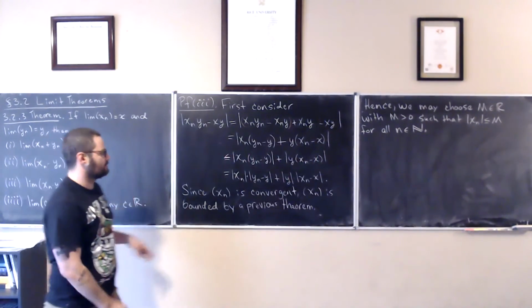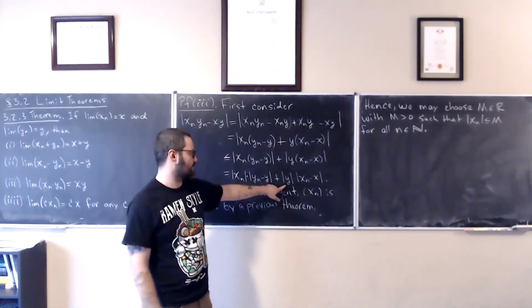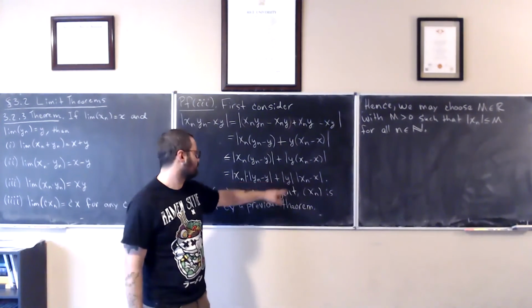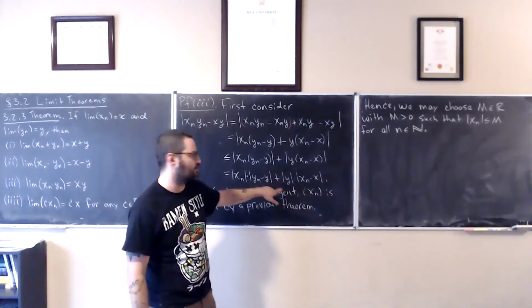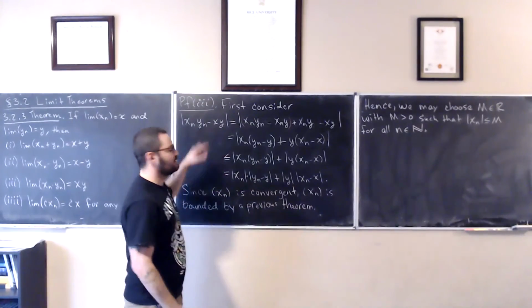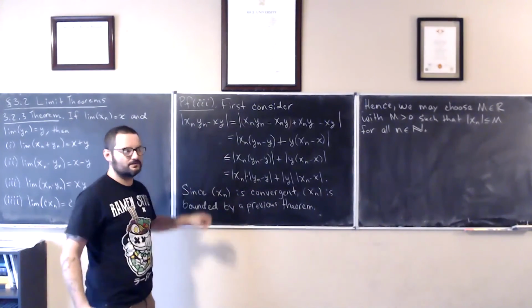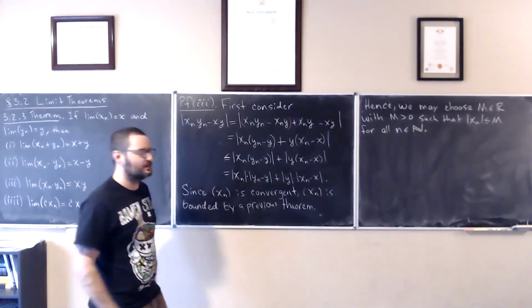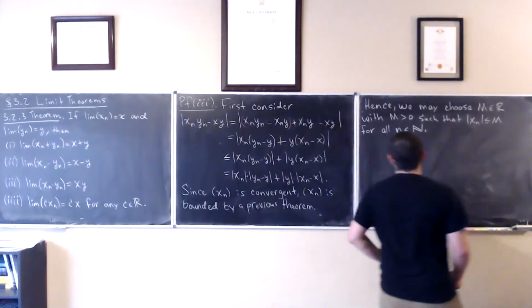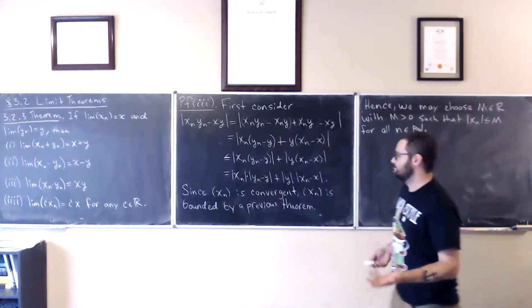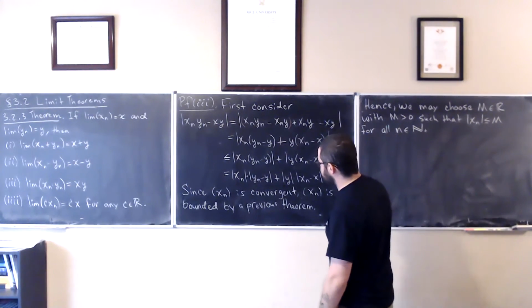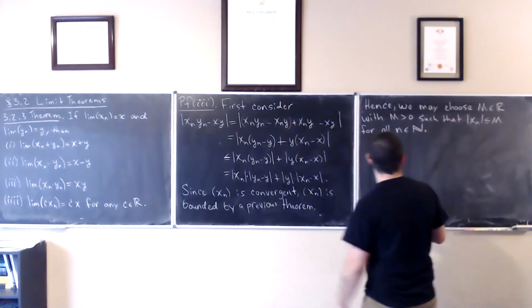So now we're getting close. We know that that's bounded. That's just some real number. And then that's also small and that's small. So now I believe even more so that I can get a good estimate on this difference here. So now I just have to choose, well, I can say this.